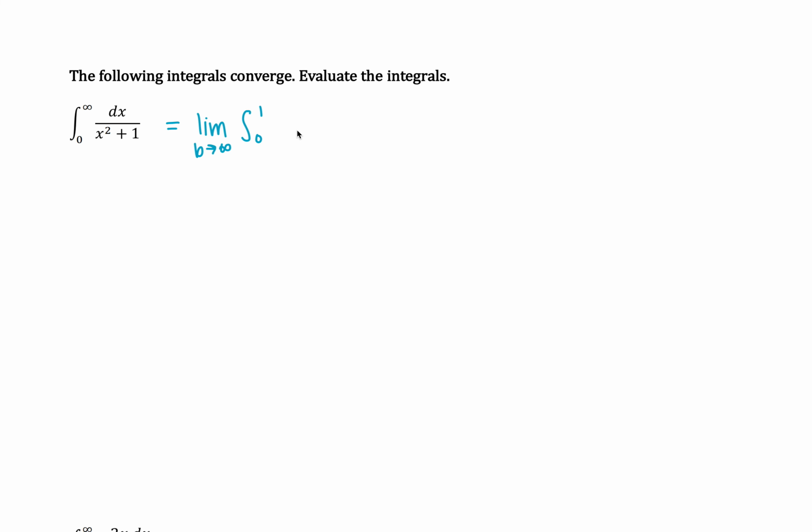Of the integral from 0 to b, not 0 to 1, 0 to b, of dx over x squared plus 1. Now, if you go to your integrals table, and it's probably handy to have a copy of that out, and you look at number 17, you'll see that this integrates to inverse tangent of x.